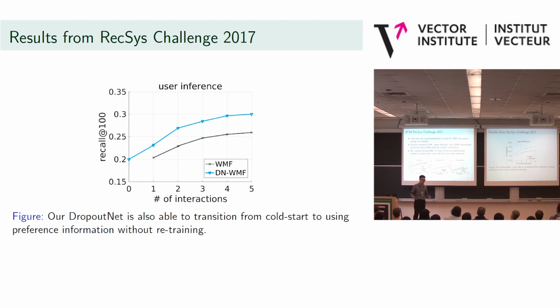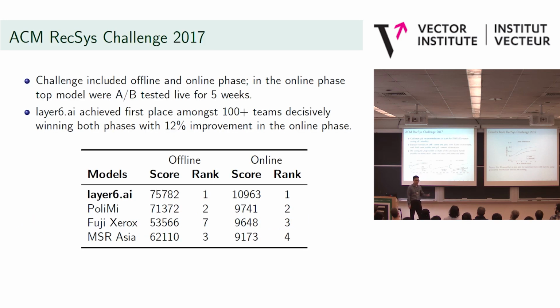This is a profound result, especially in industrial applications, where in many systems you have a new user or anonymous user who starts as cold, and over a short period of time accrues increasingly more interactions. And our model is able to take that into account and generate better recommendations in real time.